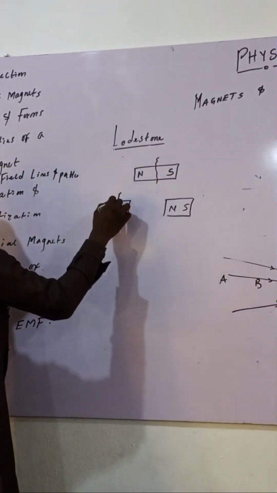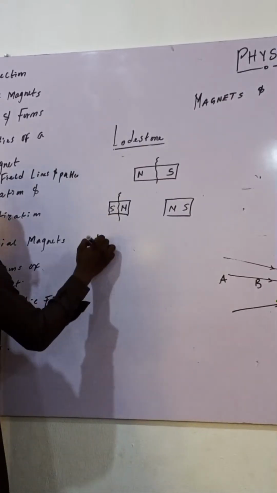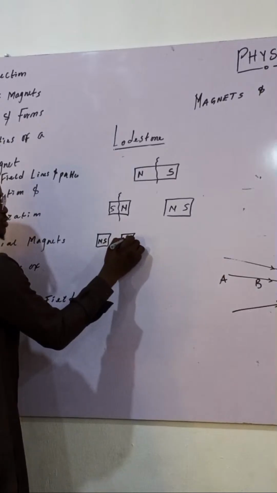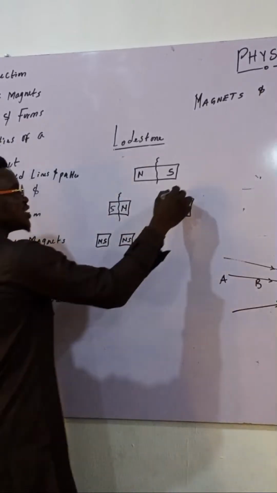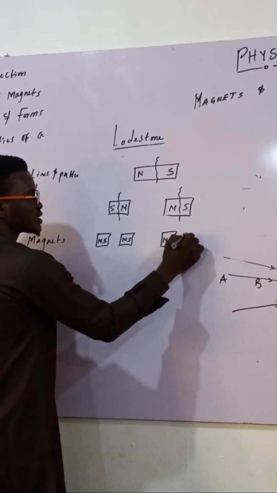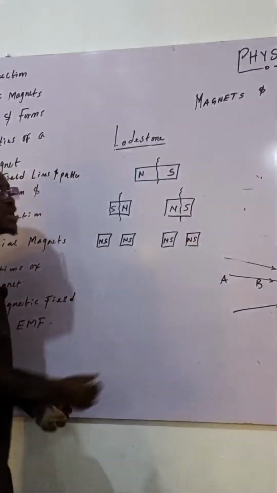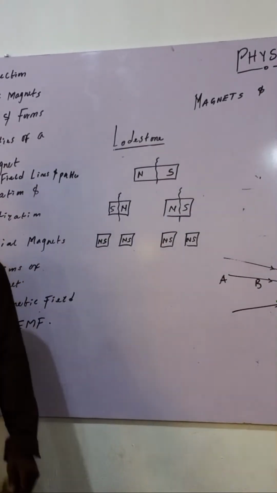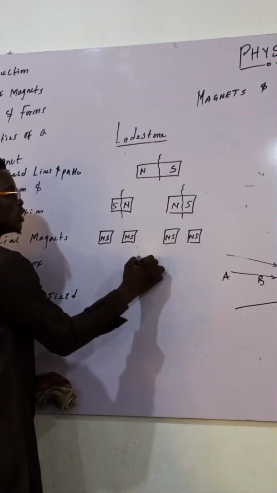If you break this one again, it will still give you north and south. Do you get that? So irrespective of how far you break it, you will always have north and south. If you break it to the smallest piece, that north and south can never be separated. And that's what we mean by the word dipole.